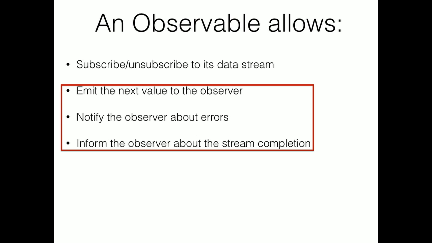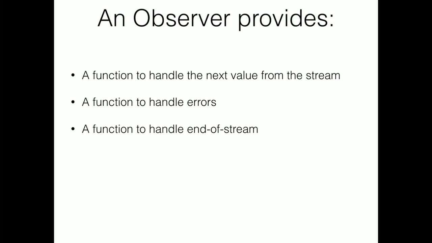So observable can emit the next item, signal the error, or signal the end of stream. And also observable allows you to subscribe, unsubscribe to its data, whatever it is. Accordingly, an observer needs to know how to do three things. What to do when the data comes in, what to do if an error happens, and what to do if the end of stream is coming in.